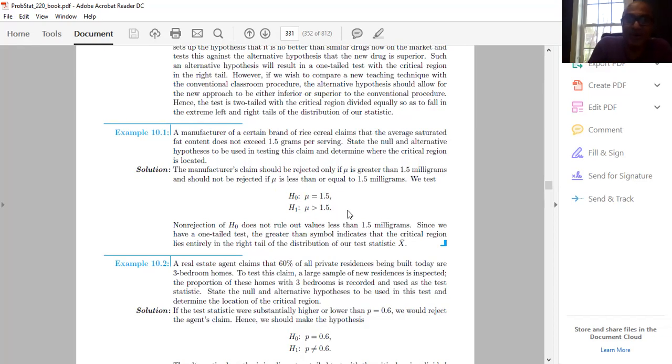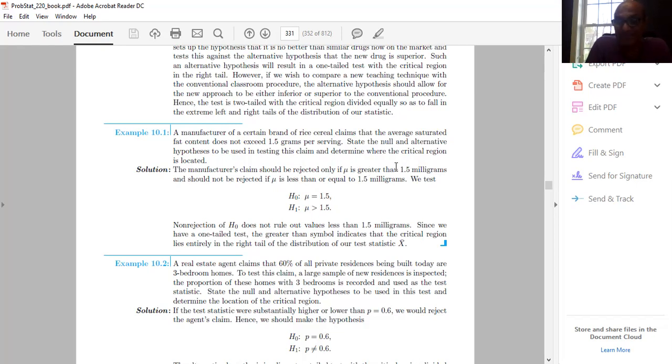The manufacturer of a certain brand of rice cereal claims that the average saturated fat content does not exceed 1.5 grams per serving. State the null and alternative hypothesis to be used in testing this claim and determine where the critical region is located. The manufacturer's claim should be rejected only if mu is greater than 1.5, right?